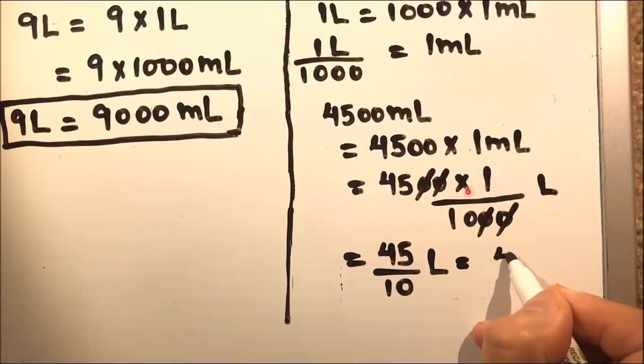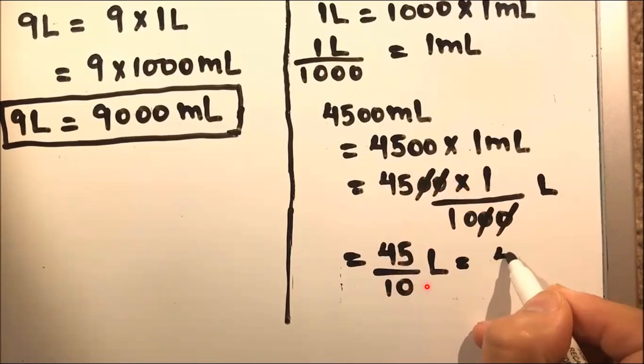If you have a zero in the numerator and denominator both, then we cut them. We cut the second zero of the numerator with the second zero of the denominator. Then we have 45 over 10, and when you divide 45 by 10, you get the answer 4.5.